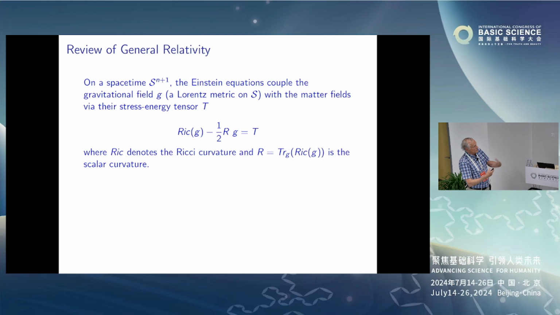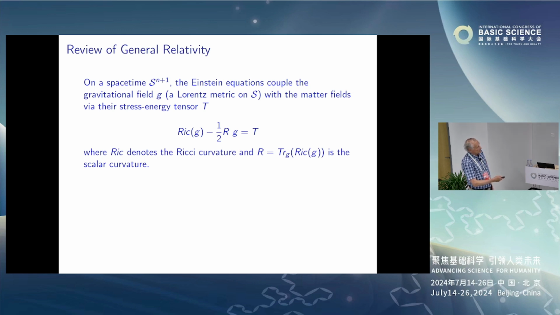So this is really an n-dimensional theorem. So suppose we have an n+1 dimensional space-time, then the Einstein equations express the fact that the Ricci tensor minus 1/2 the scalar curvature times g is equal to a right-hand side, which is the stress energy tensor of the matter fields present.